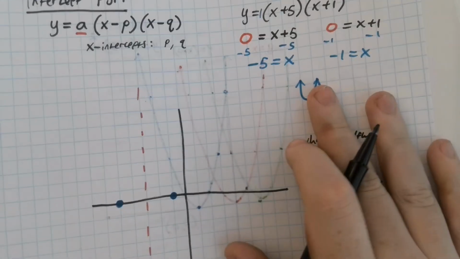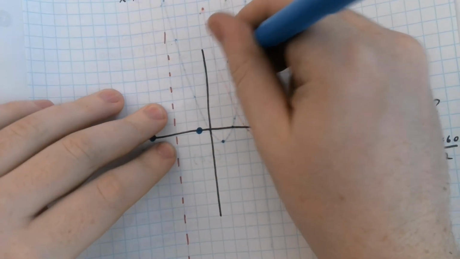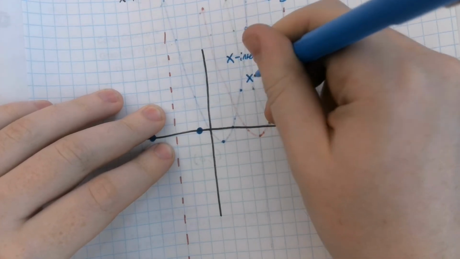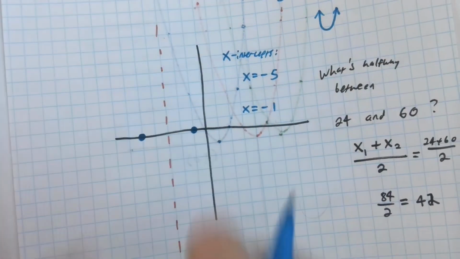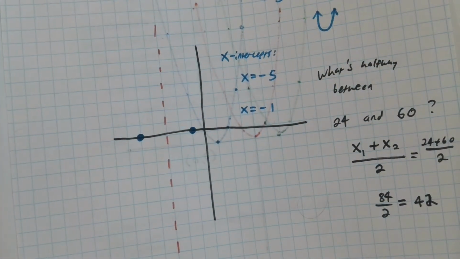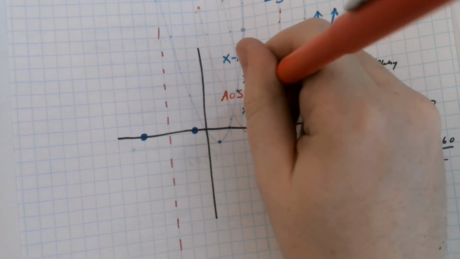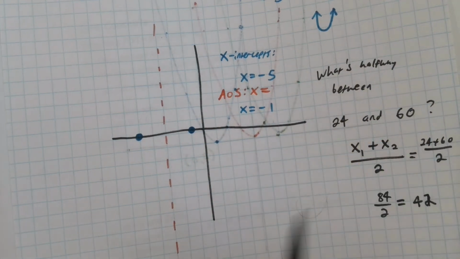Let's do the same with our x-intercepts. If we know our x-intercepts are x equals negative 5 and x equals negative 1, what's halfway between them? Well, it'll be our axis of symmetry. Halfway between -5 and -1, we can figure out by using our formula.